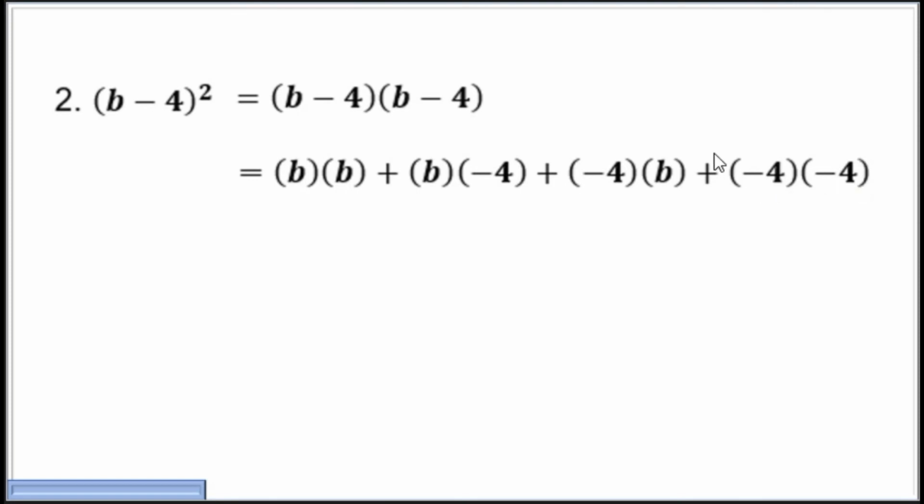I place the plus here so we do not get confused. We will simplify the signs later. So b times b is b squared, plus negative 4 times b. This is b, sorry. This is b. Negative 4 times b is negative 4b.